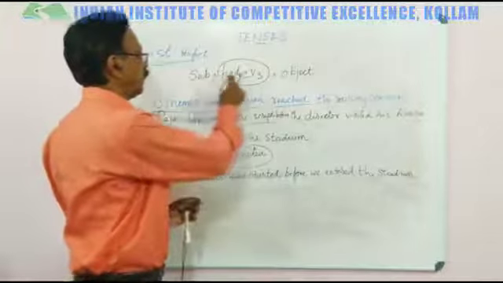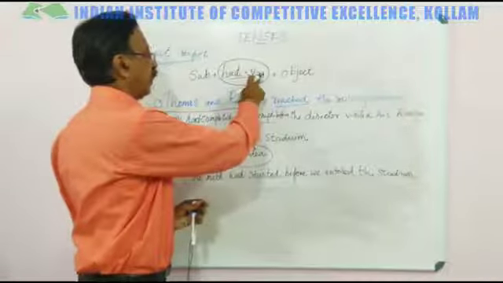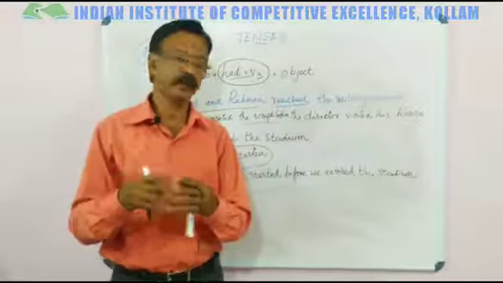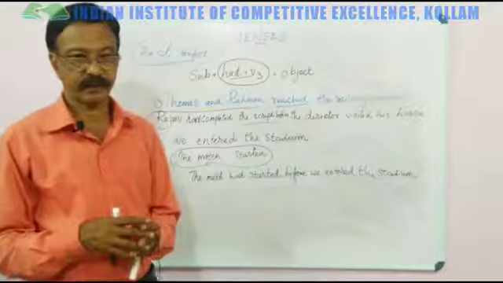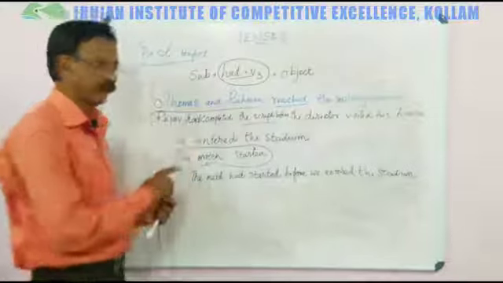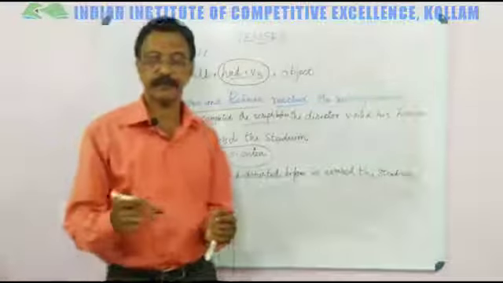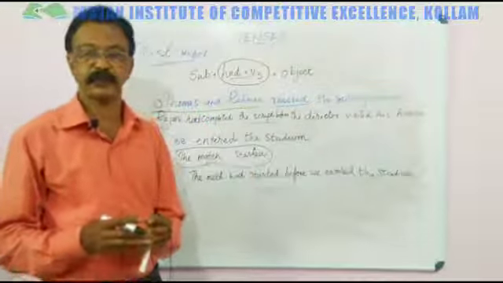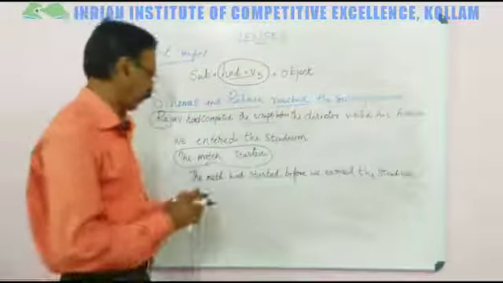Structure is subject plus had plus V3 and object, linking two sentences with a conjunction. This is past perfect. Now you can think of another example with different names and different verbs.